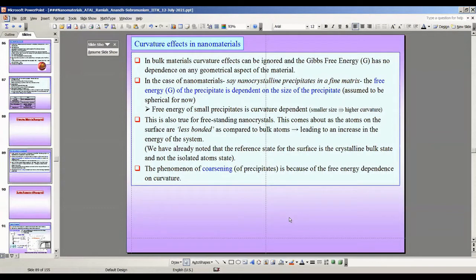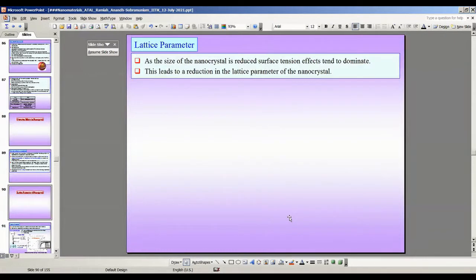And this implies that their free energy diagram is not the one which you find typically for bulk materials. Such a material will tend to coarsen. That means they will tend to sinter first, then they will coarsen, etc. Therefore, you need to worry about this curvature effect, because below a highly curved surface, the concentration of vacancies may be altered. The concentration of other defects also may be altered.